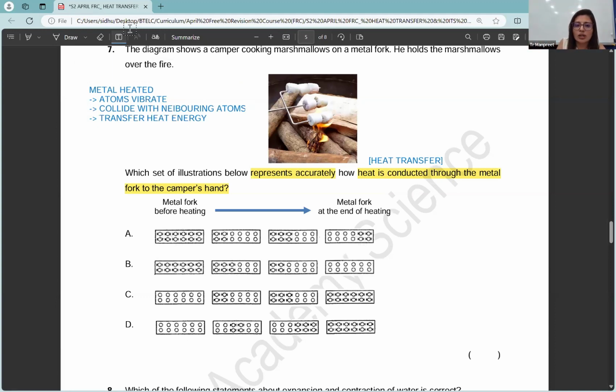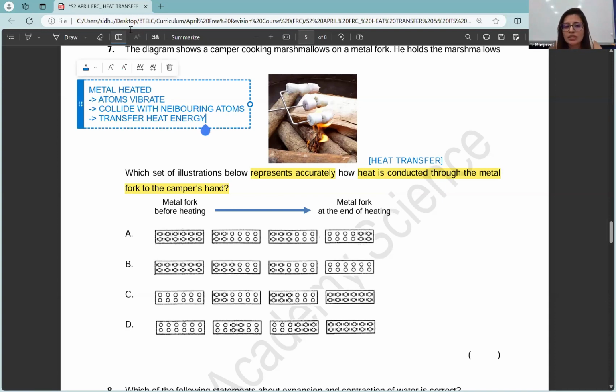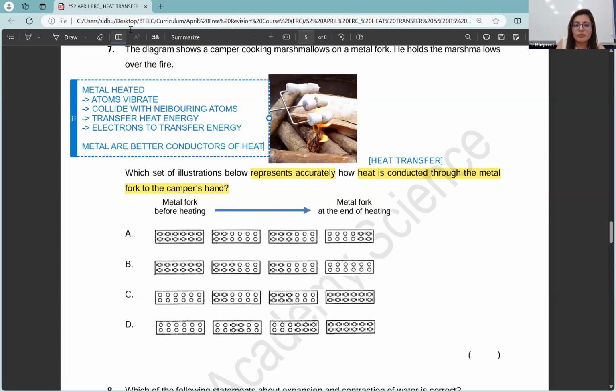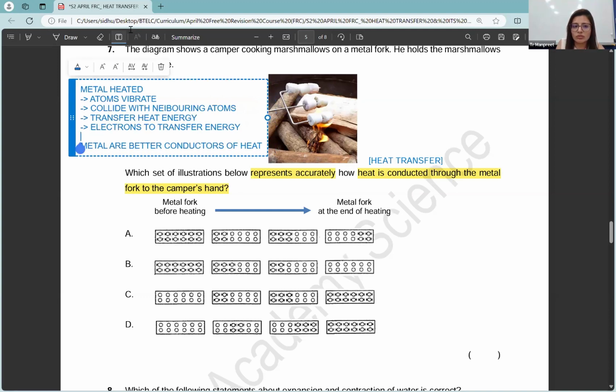Of course, metal, besides having the atoms, also has what we call electrons to transfer energy, which is why metals are better conductors of heat compared to non-metals.